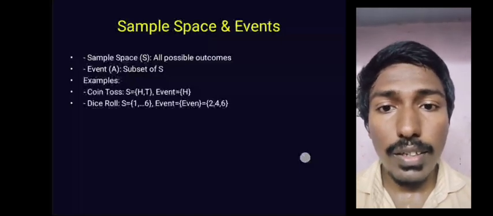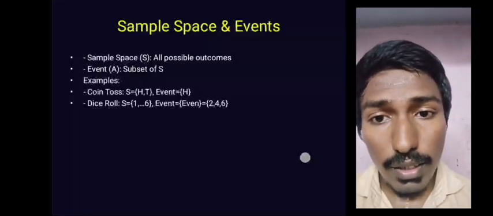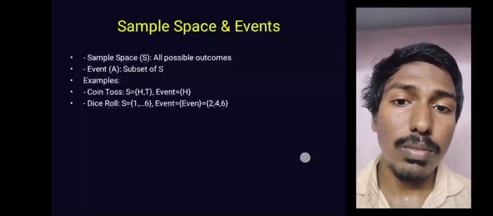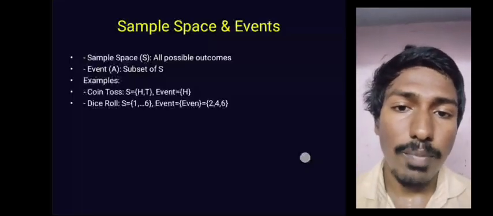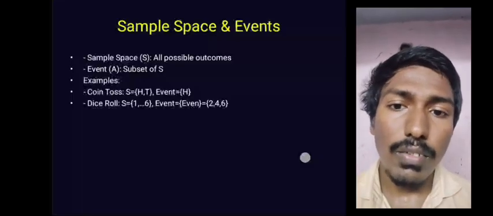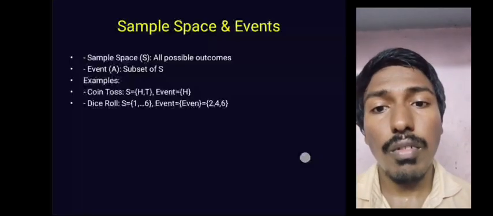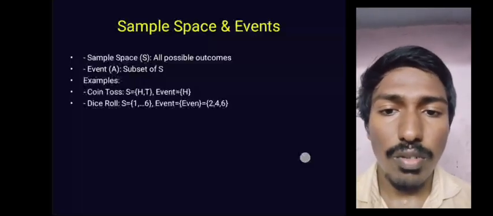An event is a subset of S, the sample space. I will explain more later, but this is fundamental and most used. For example, if a coin is tossed, the sample space is head or tail. The event head, H, is a subset of the sample space. Understand?